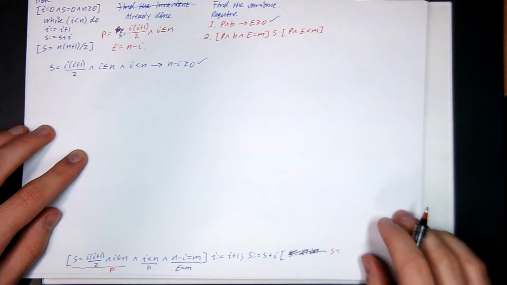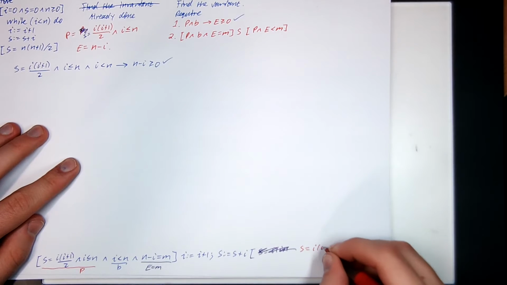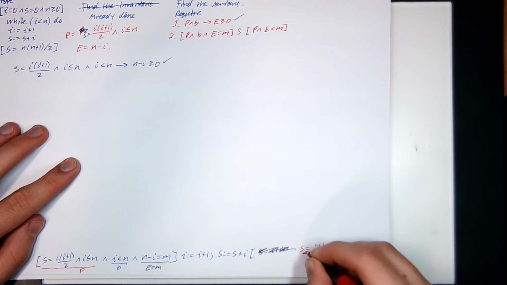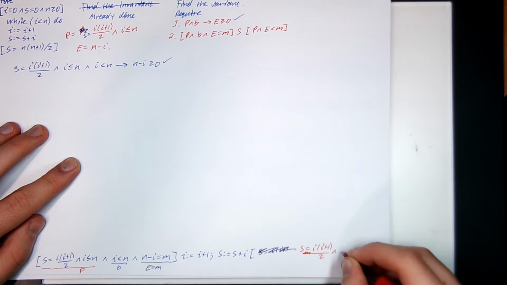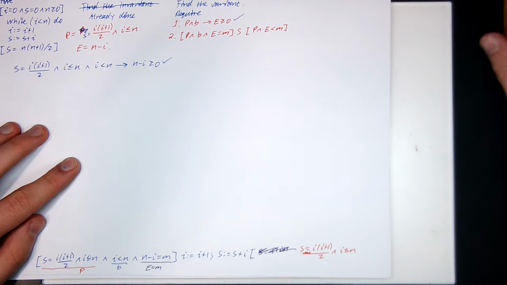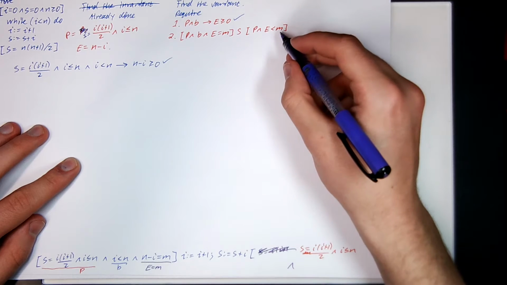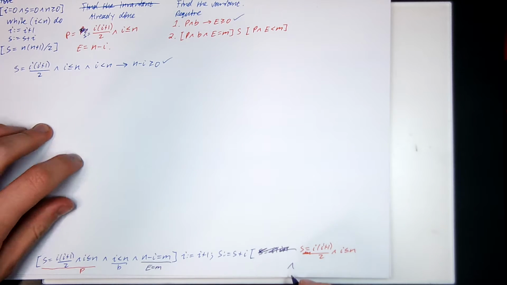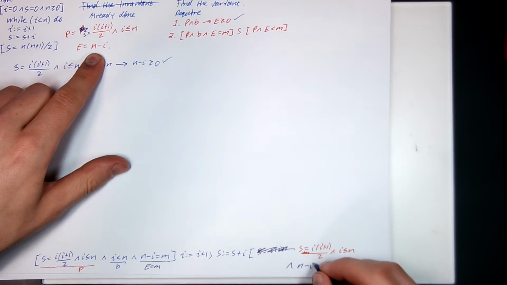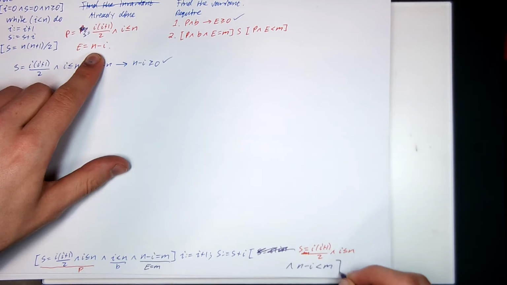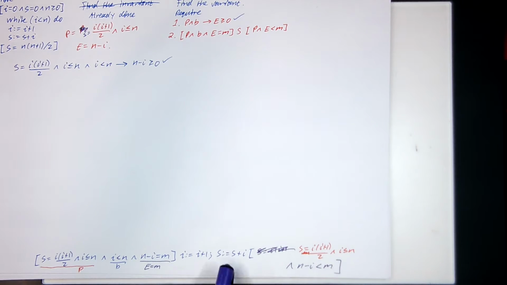S equals I times I plus 1 on 2, and I is less than or equal to n. And we require that E is strictly less than m, so E got slightly smaller. N take I is strictly less than m. Okay? This is the thing we have to prove.